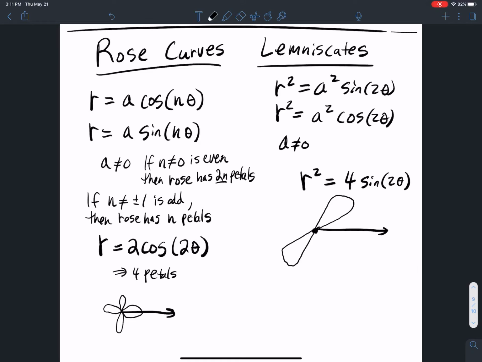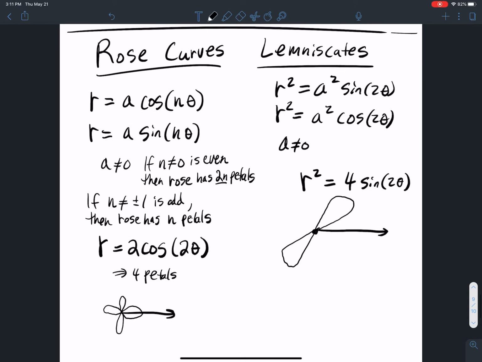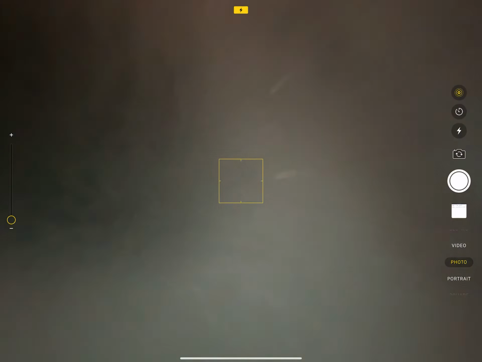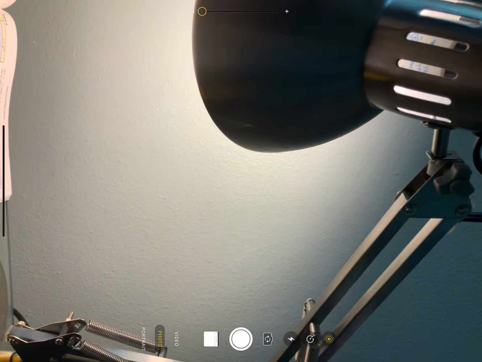Now, with the app that I have, I can't graph this, but what I can do is I can try to set up my camera, see what happens. I've never done this, so we'll see if it continues to record.